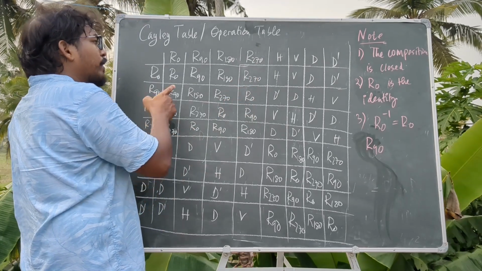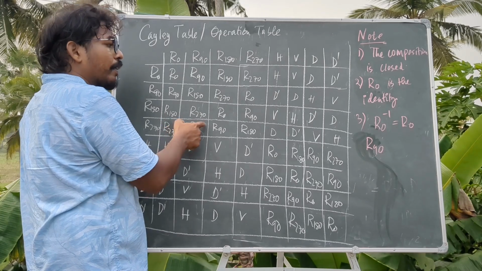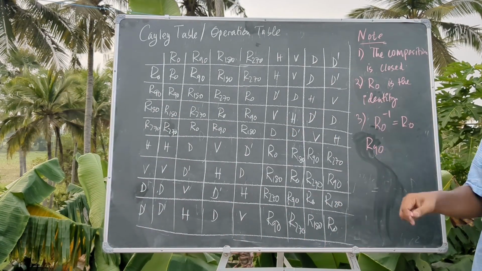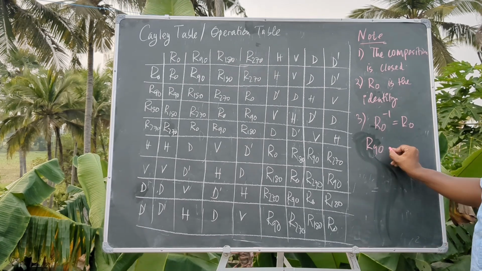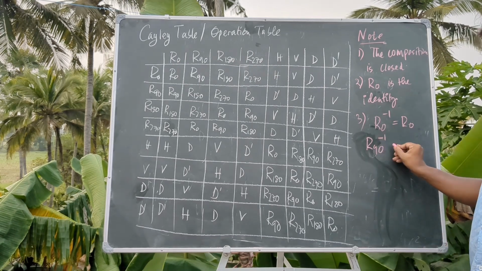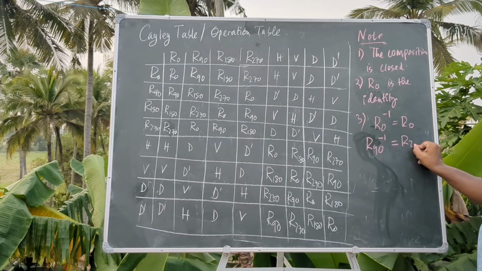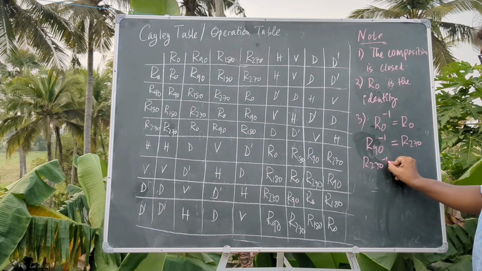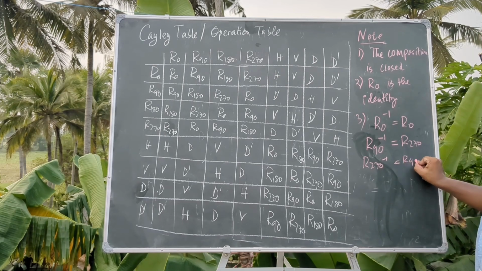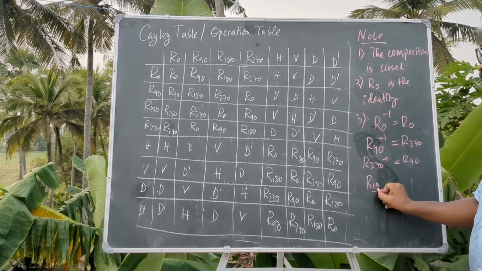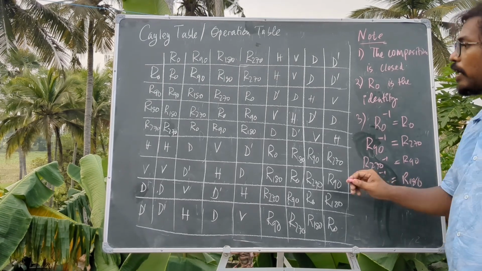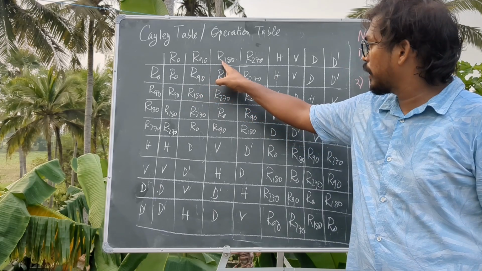Also R270 with R90 gives identity. So in both ways, if we operate R90 with R270, we will get R0, the identity. So inverse of R90 is R270, and inverse of R270 is R90. Inverse of R180 is itself, because R180 when operated with R180 we have R0.